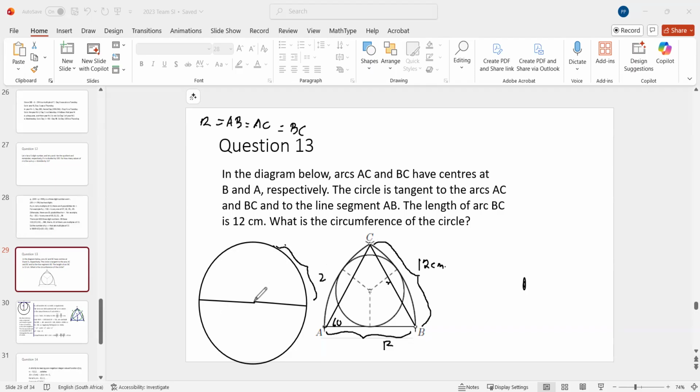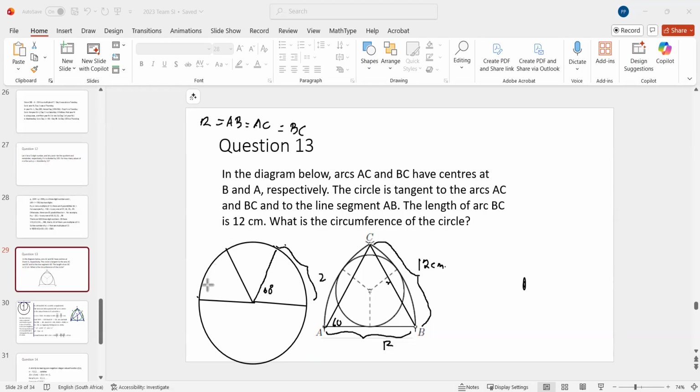But we saw that when you join it to the center, this is 60 degrees, because this is an equilateral triangle. So you've got the 60 degrees, you got 2 here. So you can work out the circumference of the circle, because if you draw another 60 degrees, you get 120 and 180.